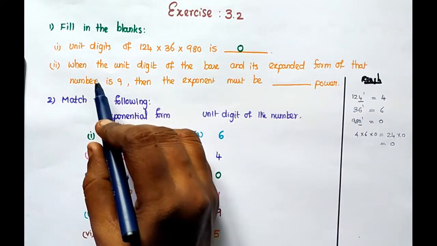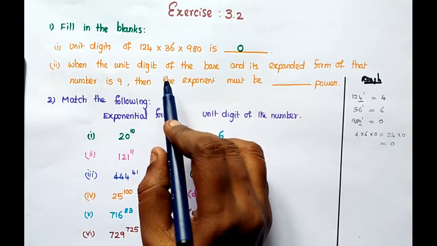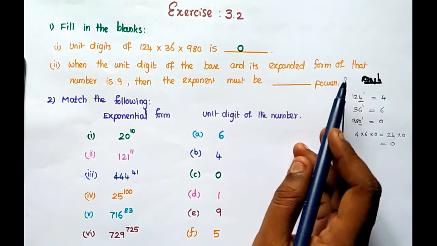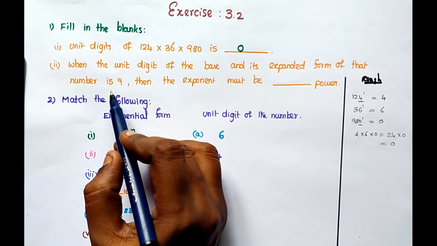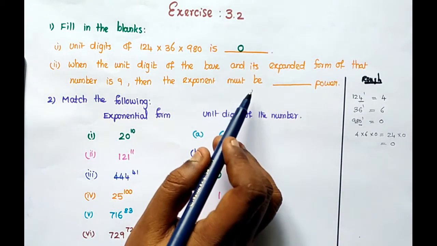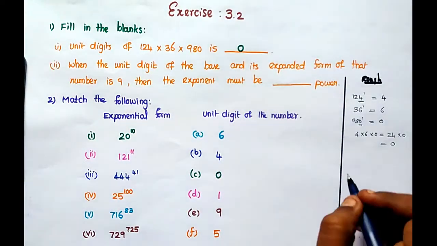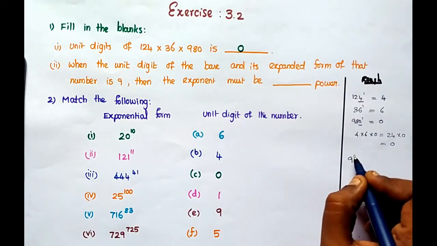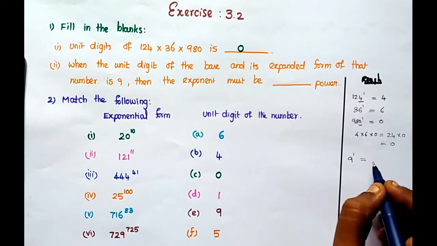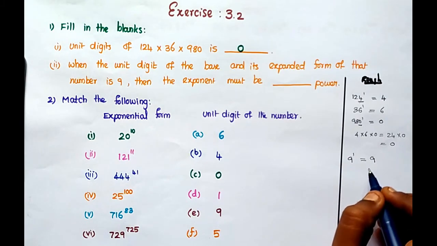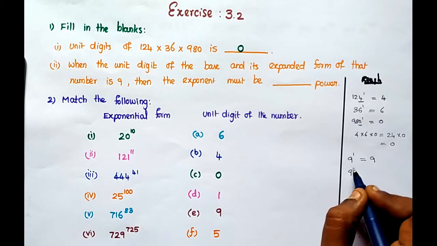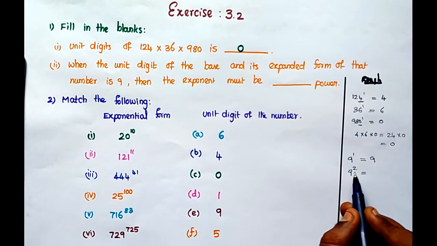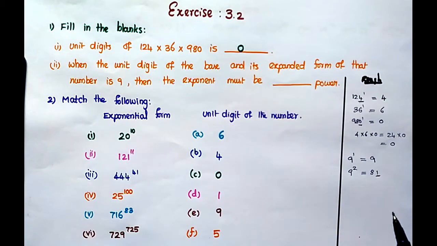Next, when the unit digit of the base in its expanded form of that number is 9, then the exponent must be dash power. Listen, 9 power odd number, we get 9, right? 9 power even number, that means 9 squared, 81, the unit digit is 1.